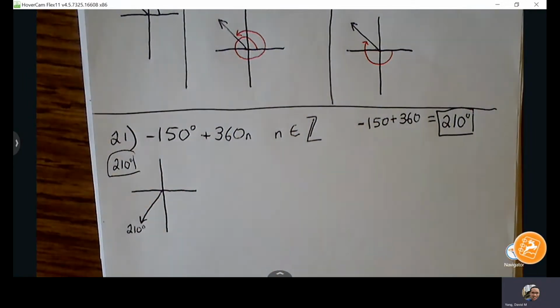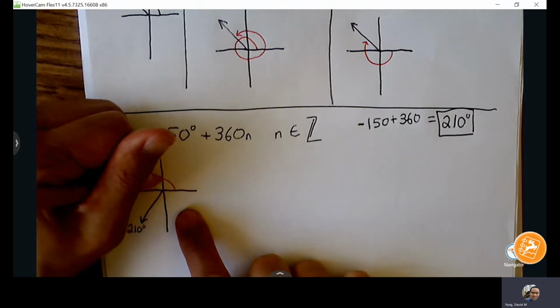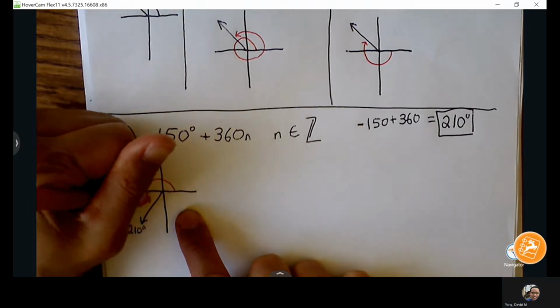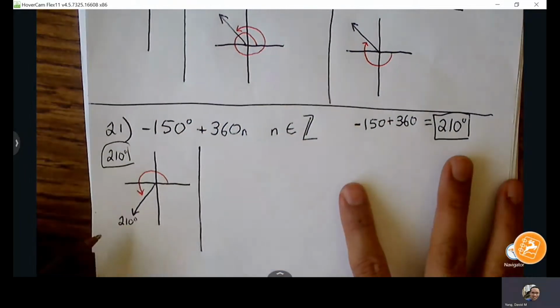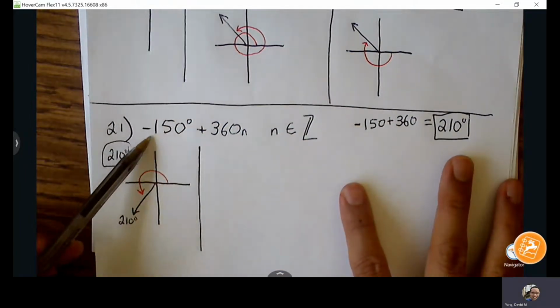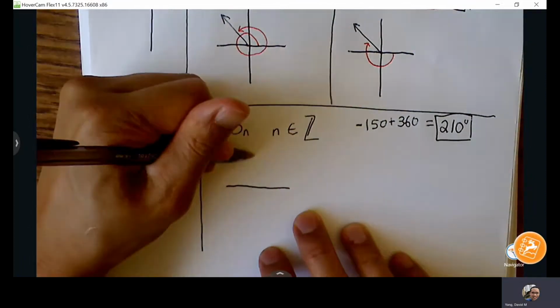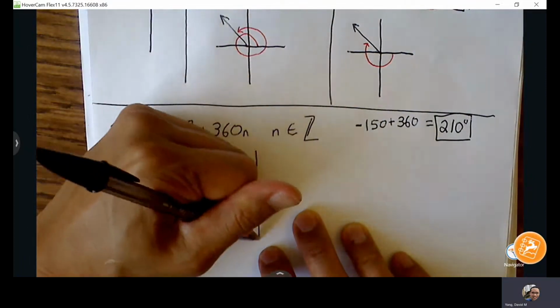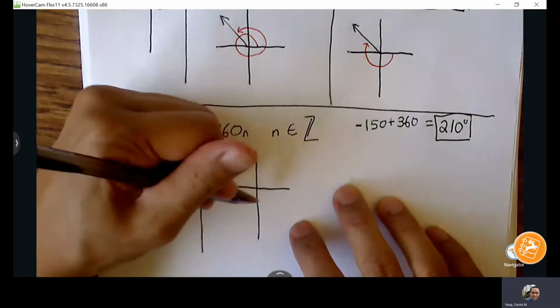Okay, let me draw the path that takes us there. Start on the initial side, go in the positive direction. Okay, there's my 210. Let's do the original one, negative 150. We now know where it is. We just have to draw our movement from the initial side to that angle measure.